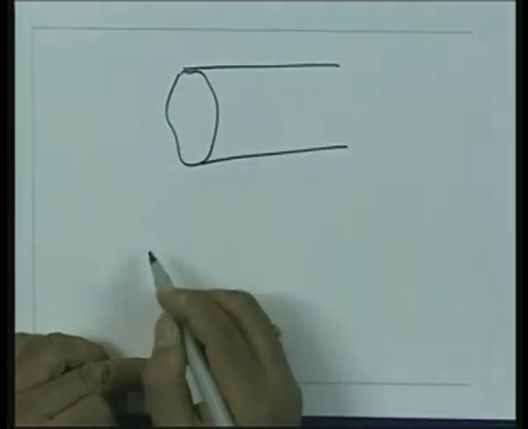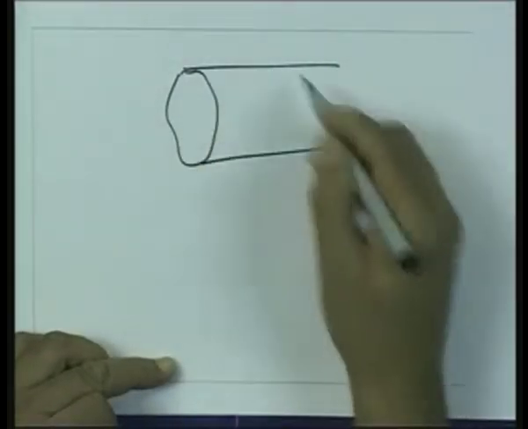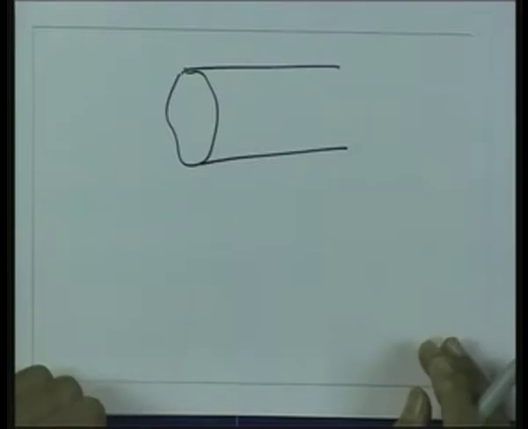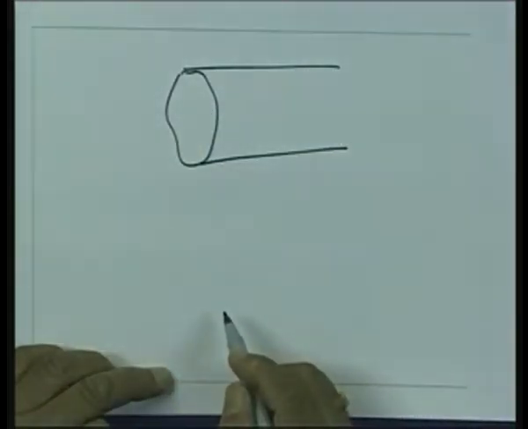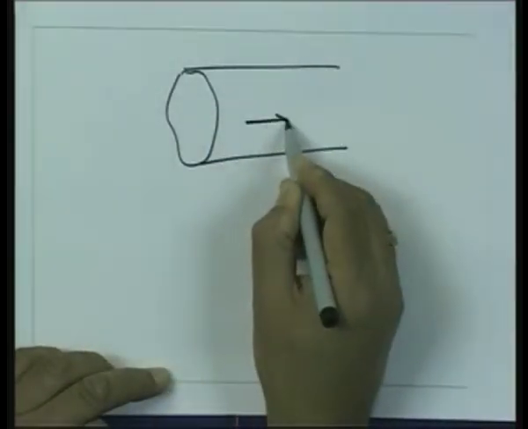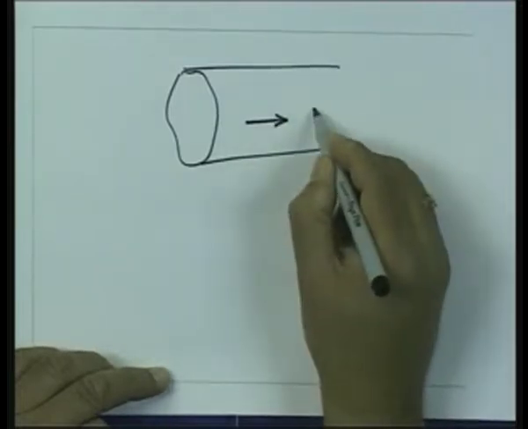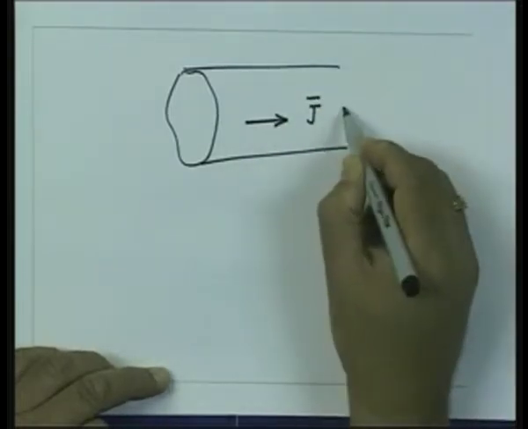So, if I have, let us say, some conductor like that, and the medium property, which is the conductivity of the medium, varies inside this, then I can define the quantity called conduction current density.